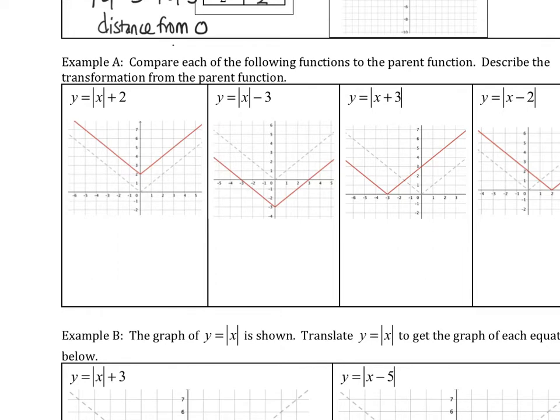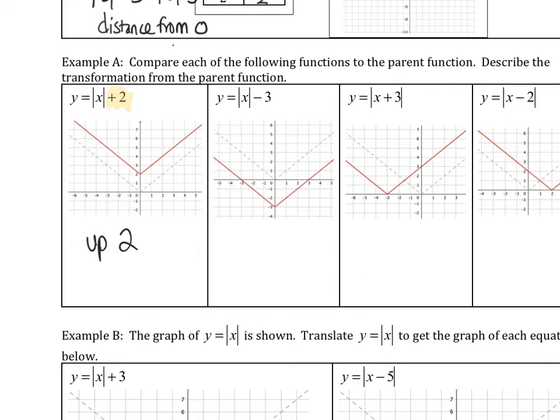If you look at the first equation, the difference between this and the parent function is that it has a +2. Now you can tell me what it did from the dotted to the solid line: it went up 2. So that +2 on the outside of the absolute value must mean that you move it up 2.